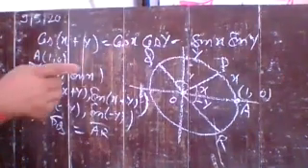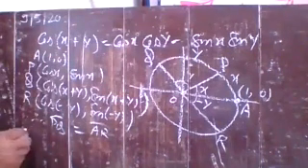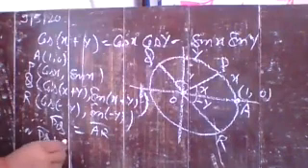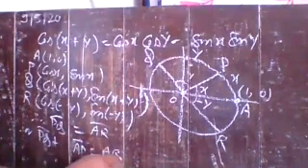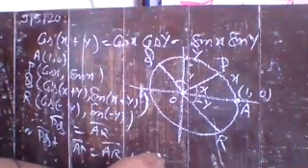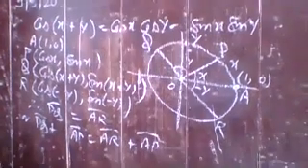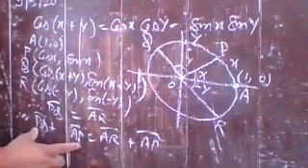Now add arc AP on both sides. So write arc PQ plus arc AP is equal to arc AR plus arc AP. Here you add arc AP on both sides.